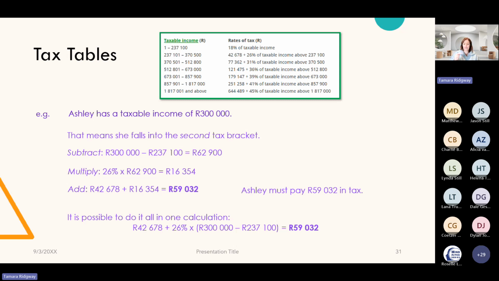And if they only see it as one, they're going to battle to identify the 3 parts to the tax table calculation. So whether they do it in 3 steps or they do it in 1, they still need to know there are 3 steps to it.